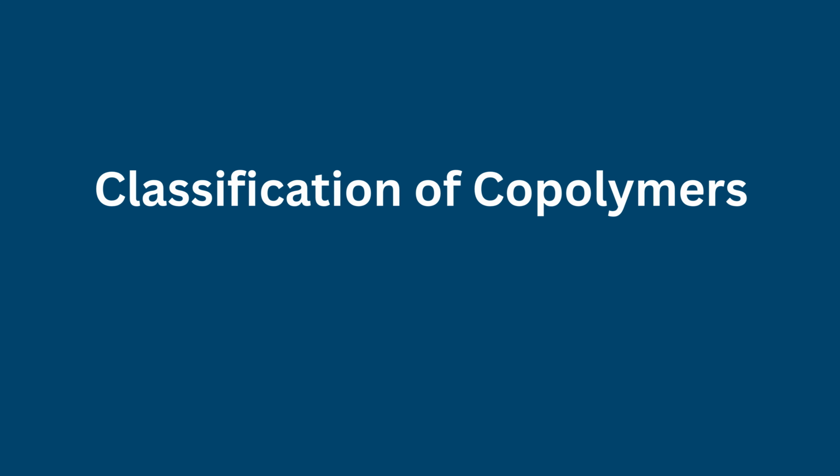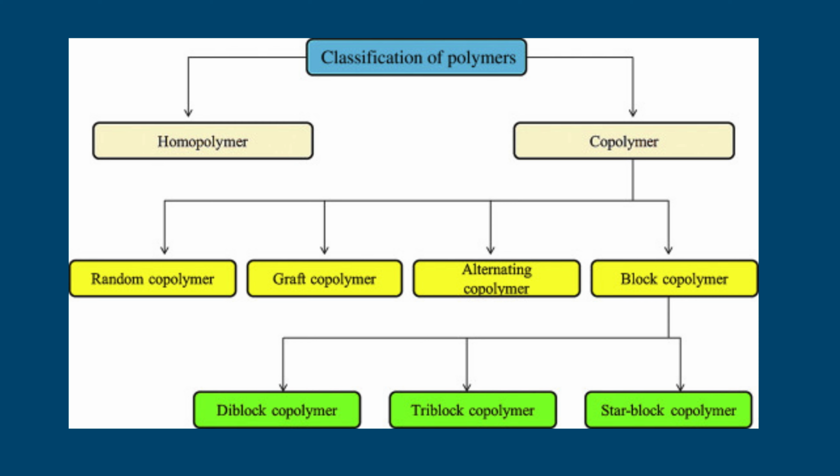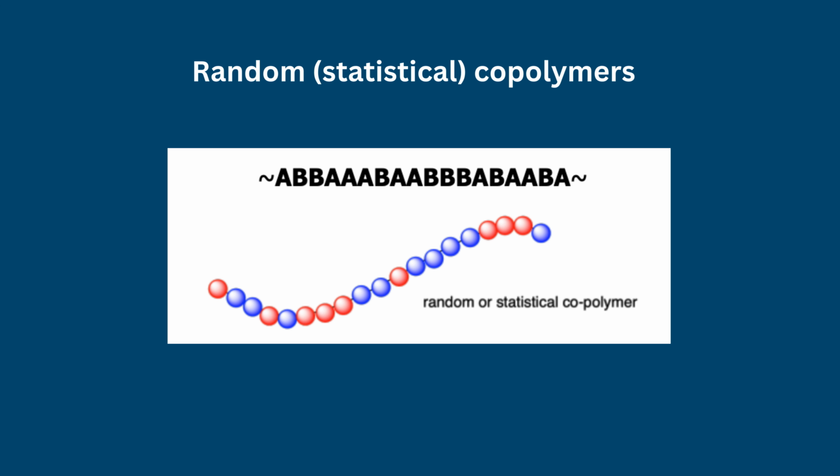Classification of copolymers. The arrangement of monomer units along the polymer backbone determines both microstructure and macroscopic properties. Depending on propagation kinetics, several distinct copolymer architectures can be obtained. Random, statistical copolymers exhibit a nearly random distribution of monomer units.